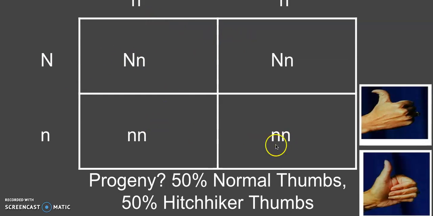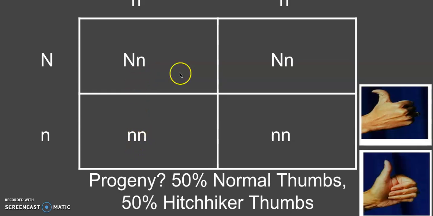And these two both get little n because they're getting those alleles from each parent. So the progeny have the genotype 50% big N, little n, and 50% little n, little n.